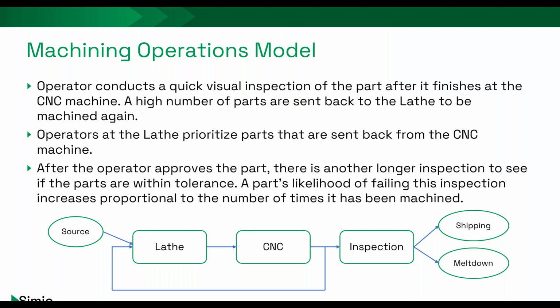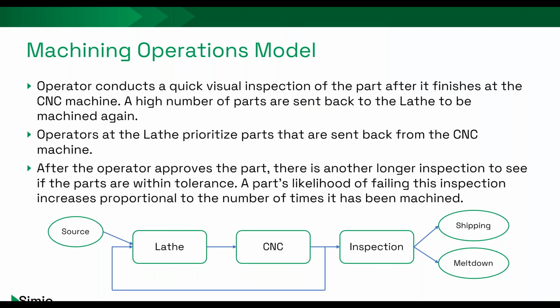If it is not desired, the operator sends that back to the lathe, and typically a high number of them get sent back because of just the sensitivity of the surface finishing. Operators at the lathe know to prioritize parts that are sent back from the CNC machining. That way they can meet their deadlines on time.